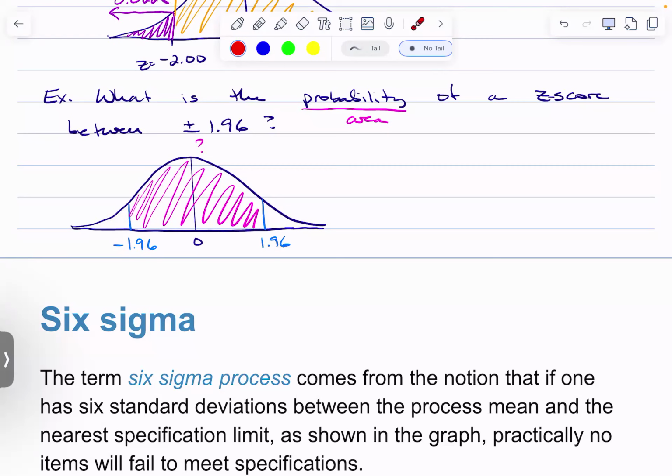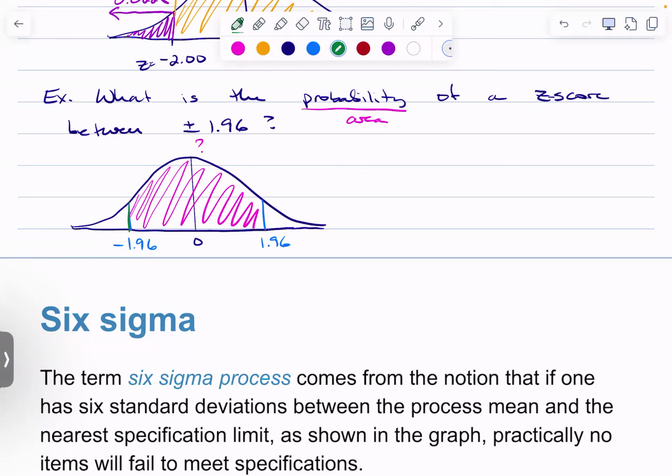What's another thing that I would start thinking about and leveraging? We'll see, but this is symmetric about 0. So if I have a negative 1.96 and a positive 1.96, do you expect this area to be the same as this area? Probably. Well, definitely. And so let's find the area to the left of negative 1.96 first.